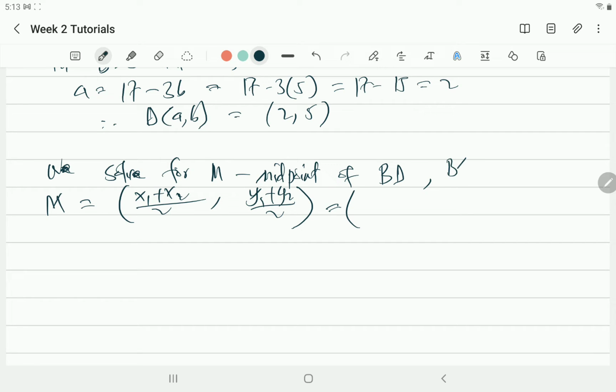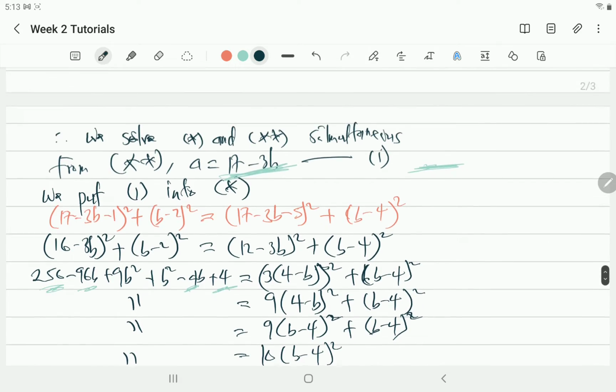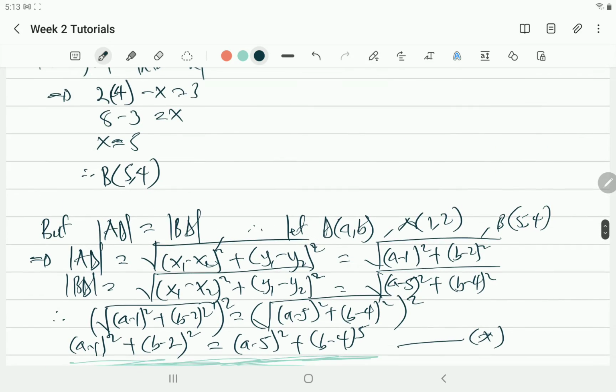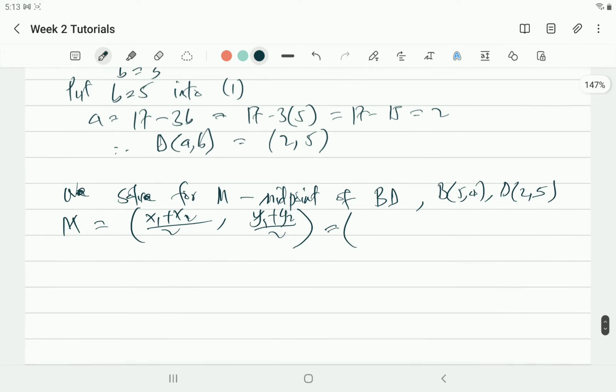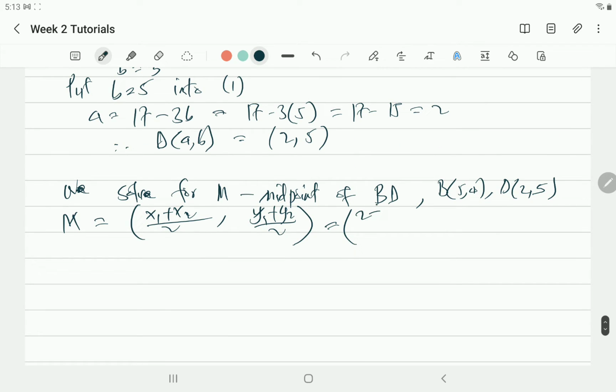We can recall the points B and D. So B we actually had as, I think, 5, 4, and D we have now as 2, 5. Let me quickly confirm the B once again. Yeah, so B is 5, 4. So I'm doing the substitution. It will be 2 plus 5 over 2 and 4 plus 5 over 2. Eventually we have 7 over 2 and 9 over 2.